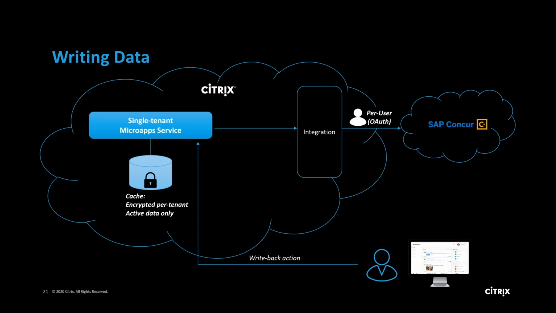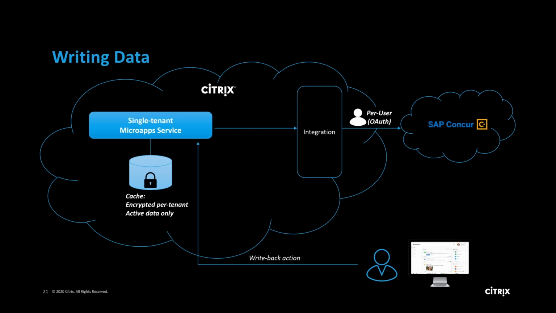In this case, though, the user that we use is different. And the way that works is instead of the service account that we had before, we're now using a per user concept. So in this case, we're using OAuth, a way to obtain the authorization of each and every user who we're going to write back on behalf of, so that we can act as them.